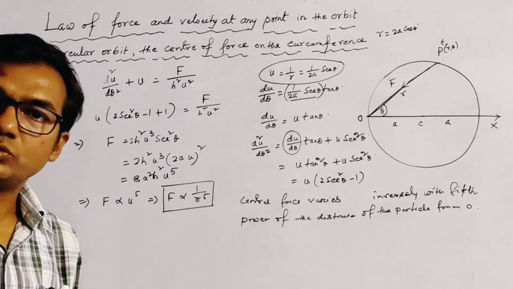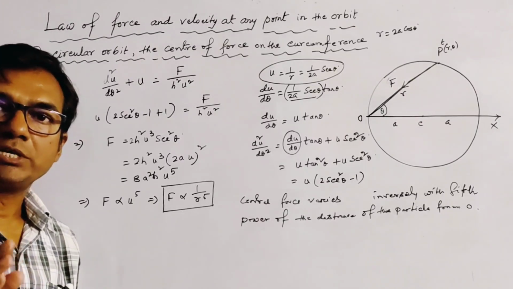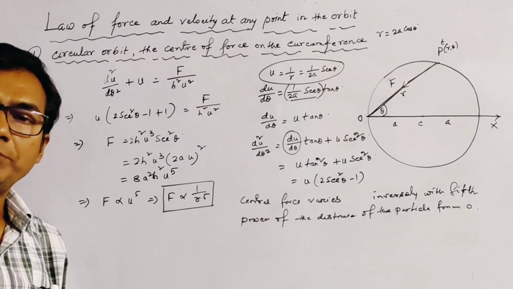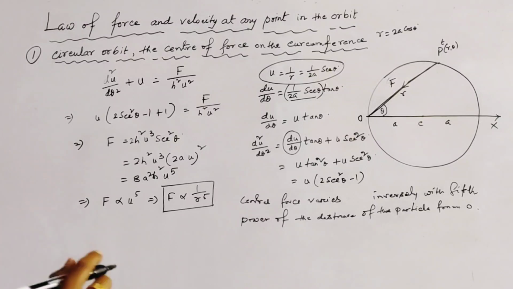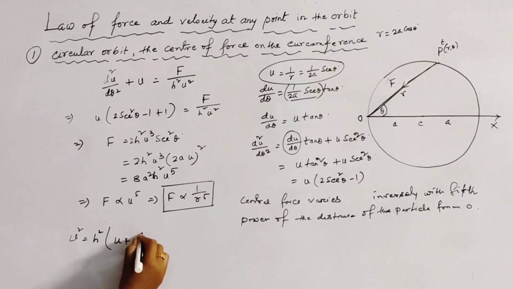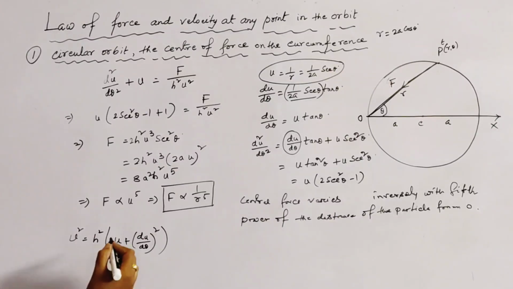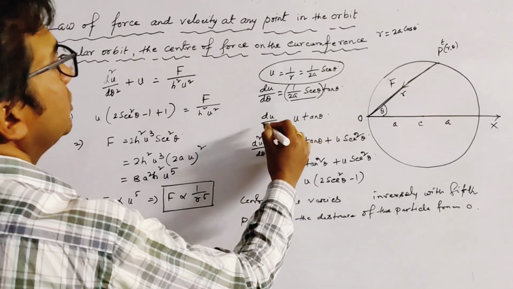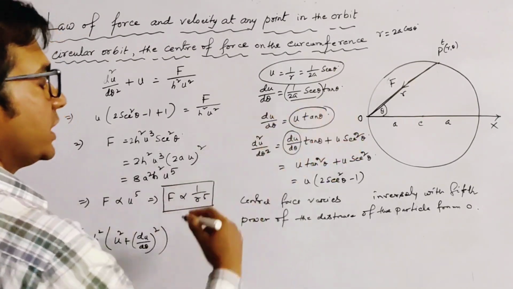We also know the expression of velocity at any point in the central orbit: v squared is equal to h squared into u squared plus du by d theta, whole squared. This is the expression of velocity. Now we put du by d theta equal to u tan theta.